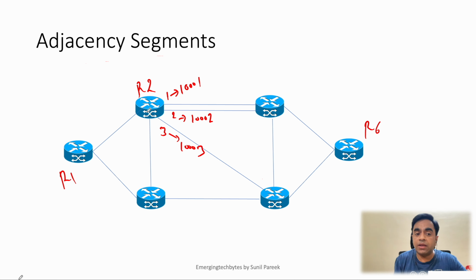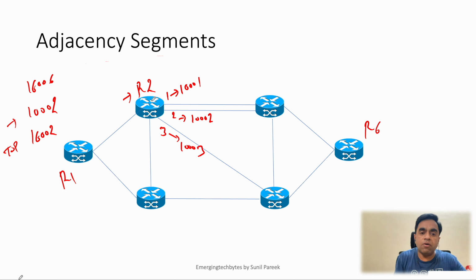And when the packet comes, all I need to say is that from R1, the packet should first go to, let's say, 16002, which is the node SID for R2. Then it should take this path, and then it should go to this. Now, of course, this will be in reverse order, where this will be the top label.